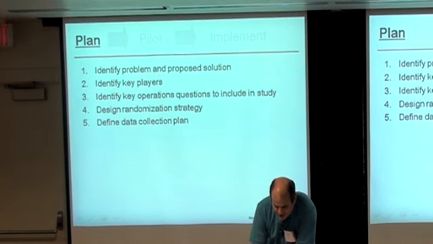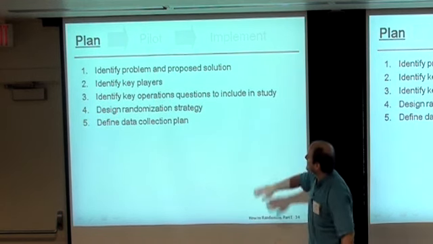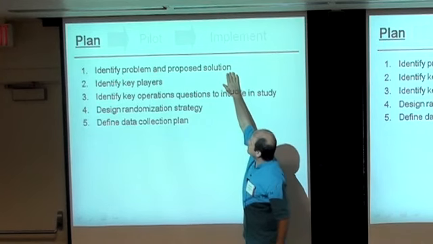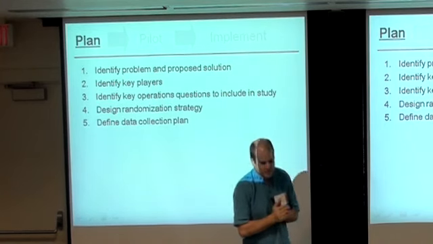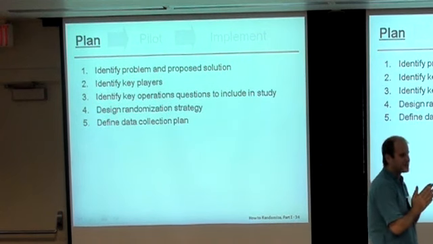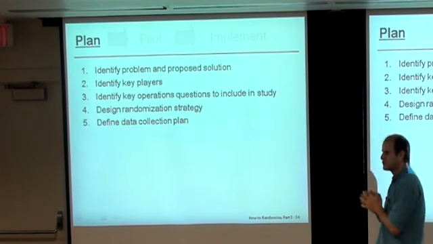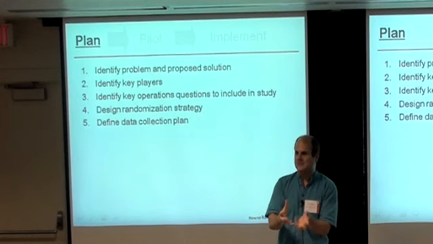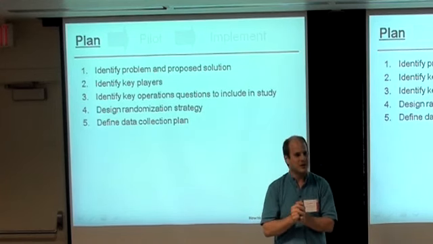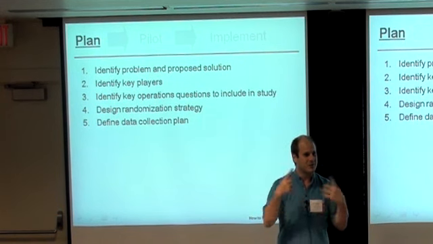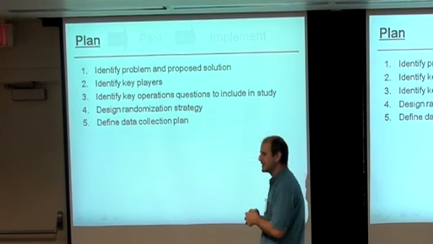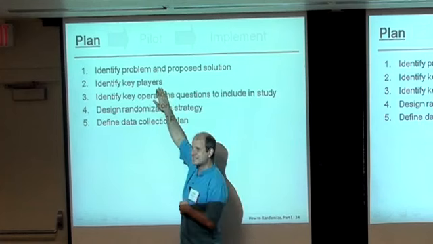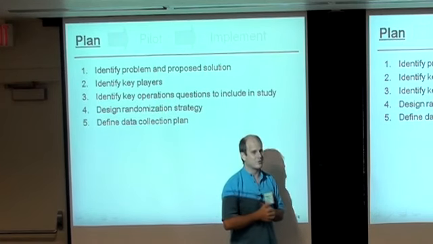The 5 steps we've laid out here begin with identify the problem and propose a solution. One thing that should never escape us is that you don't start off saying, we have a tool, the randomized trial, now what research questions will we ask? You go the other way around. You want to think, what's the research question we're asking here? What is the problem that we see in the market, in the society we're in?